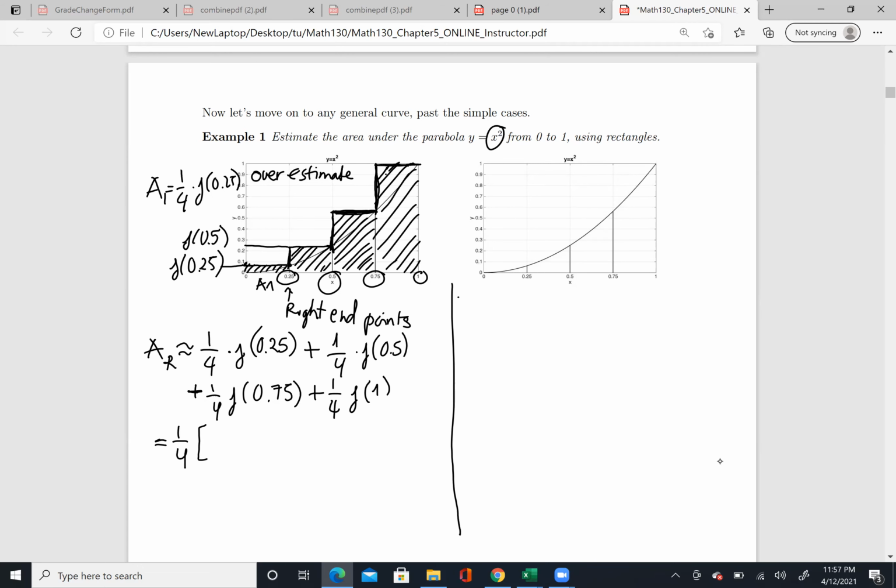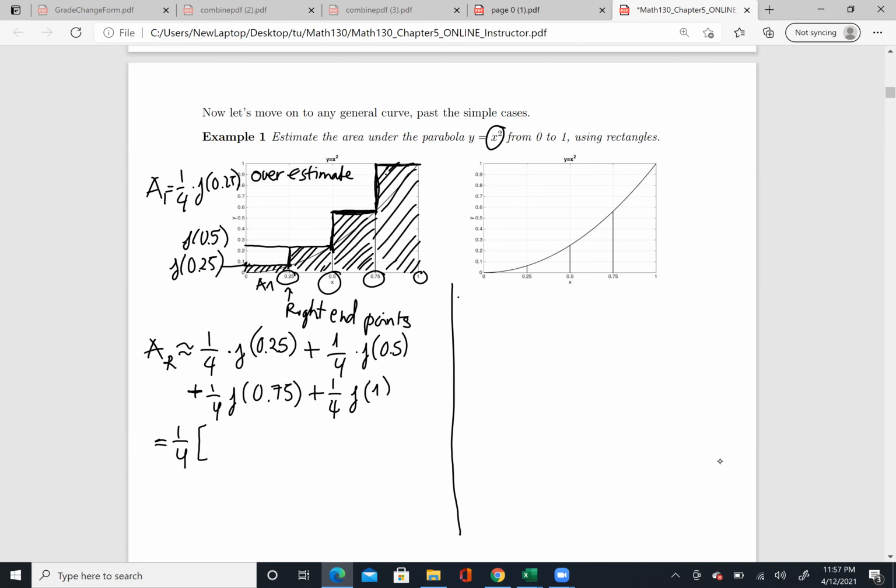And then you get the rectangle. It's here. So using midpoint, not left endpoint, not right endpoint, we are using the midpoint for each interval. So here is the midpoint, midpoint for each interval, right?